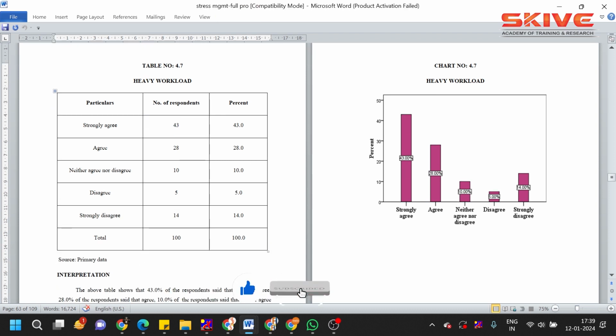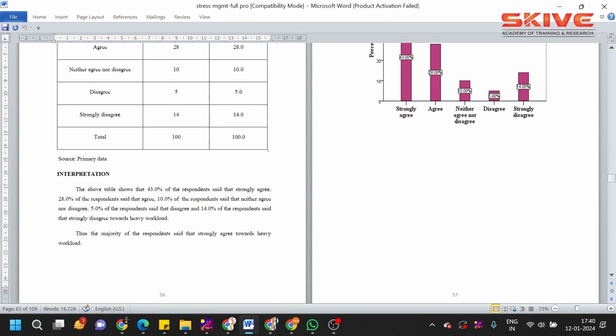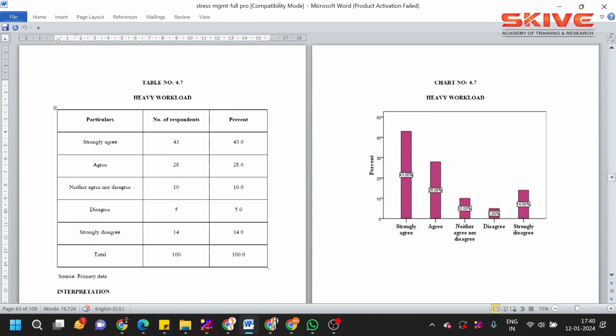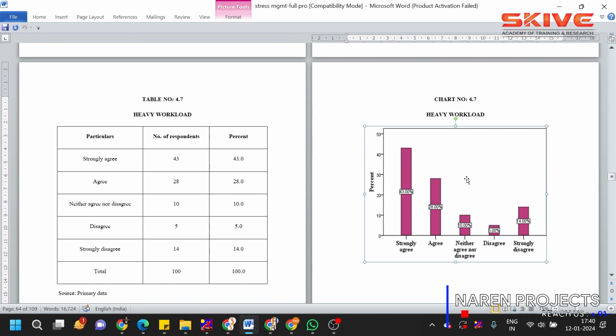Like this, all the questions were put in tables, the input given from the samples was entered and analyzed, the interpretation was given, and a bar chart represents the graphical data of the input.